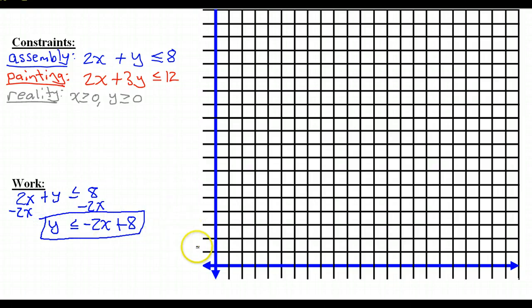I'm going to go ahead and graph that. So it's 1, 2, 3, 4, 5, 6, 7, 8. Just put a little 8 here to remind me. And this is down to over 1, like this.